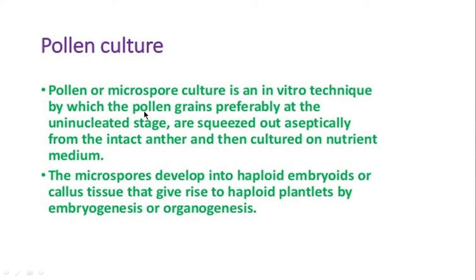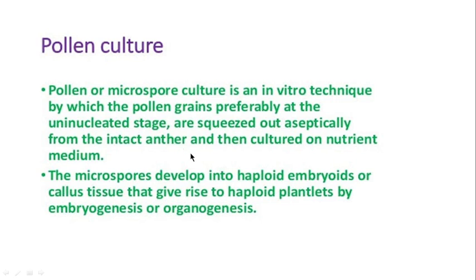Pollen or microspore culture is an in vitro technique by which the pollen grains, preferably at uninucleated stage, are cultured. When the pollen grains are in uninucleated stage, the in vitro culture technique is used for pollen or microspore, and they are squeezed out aseptically from the intact anther.